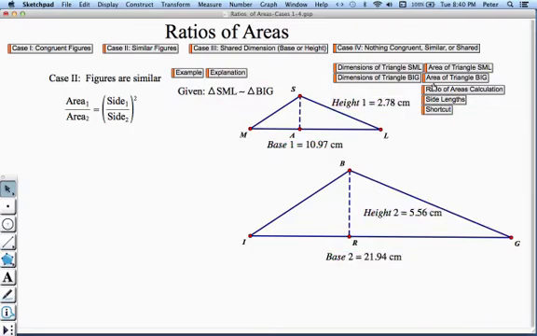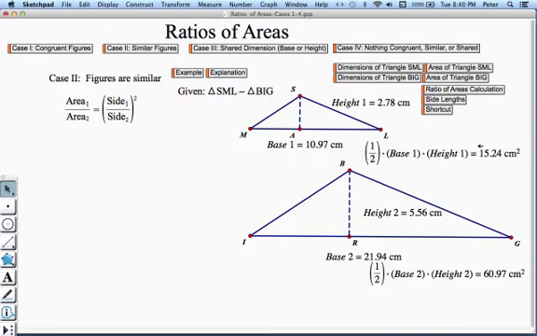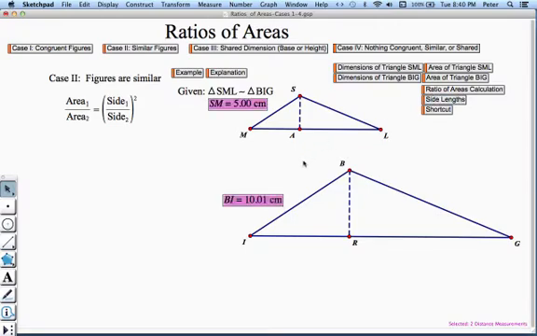If I can find the area of triangle SML, and I can find the area of triangle BIG, and 15.24 to 60.97, those numbers really don't mean too much to me. So let's try a different route. Let's take a look at the lengths of one side.